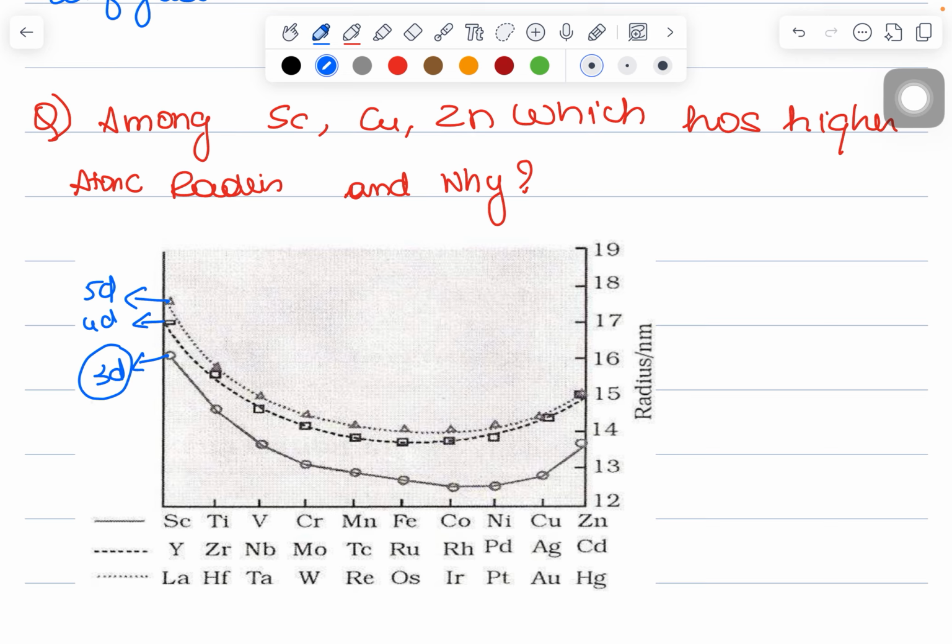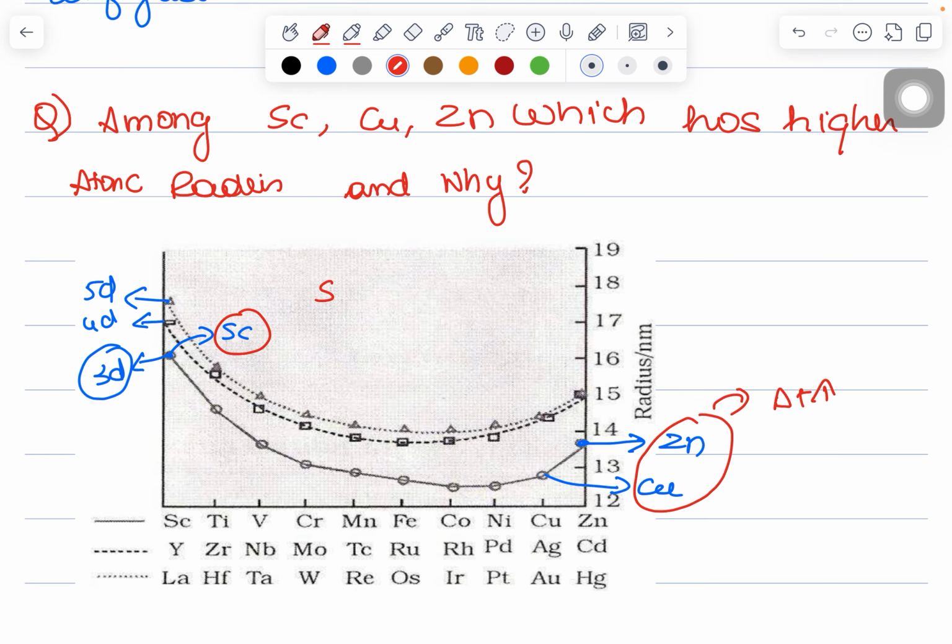Let's only see the 3d series. This point represents scandium, this point represents zinc, and this point represents copper. Though zinc and copper have a very high atomic radius, it is not as high as that of scandium.